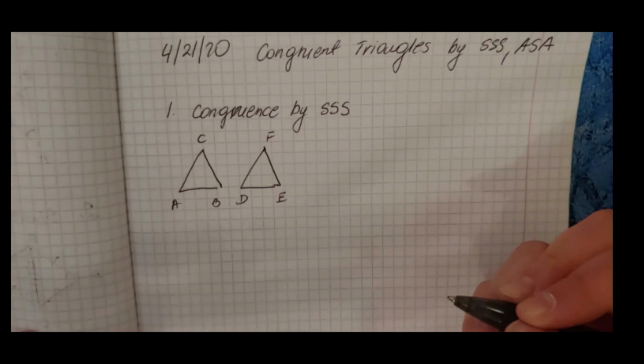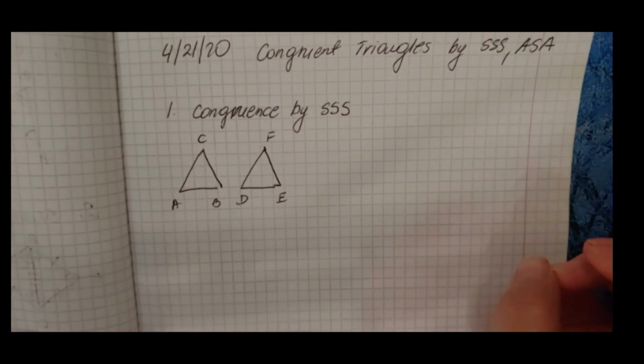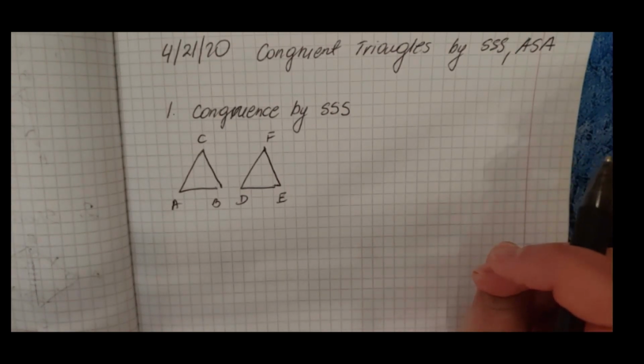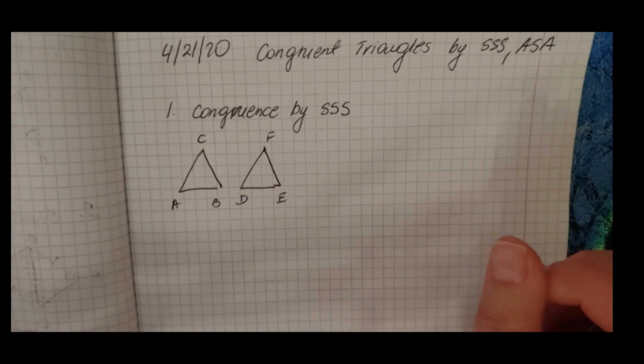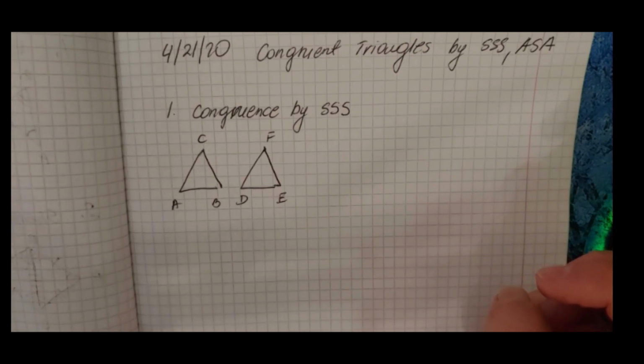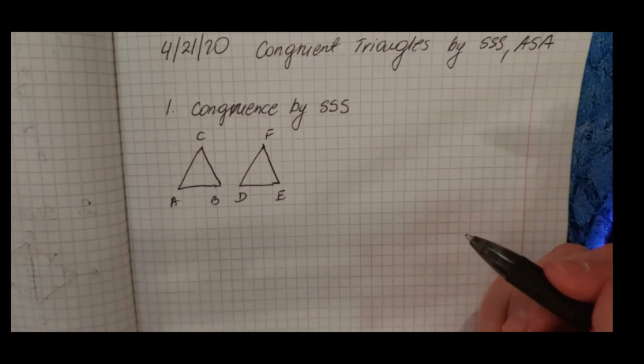Now, you got to be careful with this because even though they look like they're the same, it doesn't mean they're the same unless they are marked. We cannot assume that unless they tell you the triangles are drawn to scale. Then you can measure, or you can rotate it and see if they match. But if they don't tell you that, you have to just look at the markings.